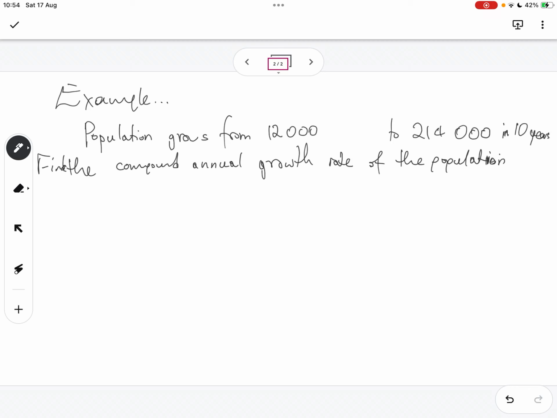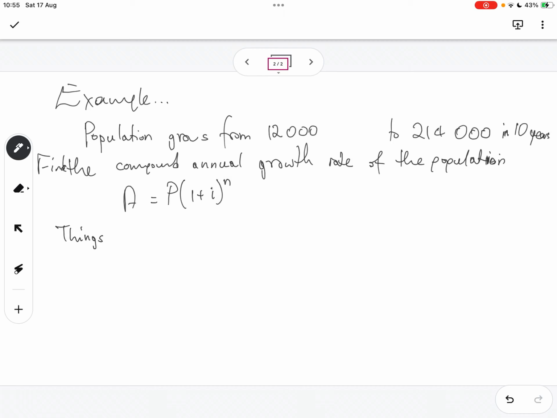I think we could use the compound. Compound, okay. So compound would be A equals P into 1 plus I to the power N. The information that we have here, what does it tell us we should look for?